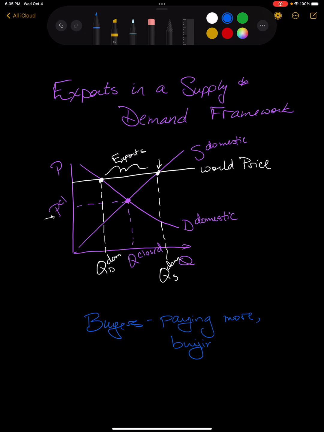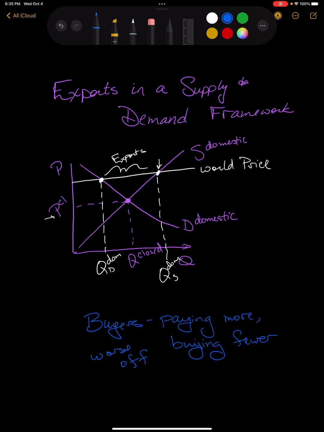Oops, misspelled buying there. Buying fewer. So buyers are paying more. They're getting fewer of this item. Buyers are worse off than they were at the original P closed and Q closed. Okay, so relative to the old closed economy equilibrium, buyers are worse off.